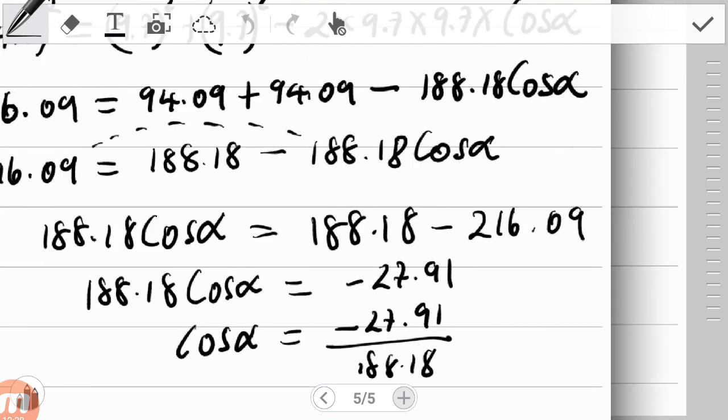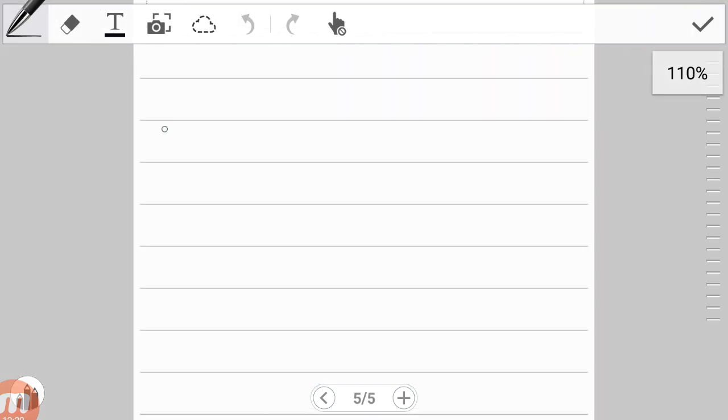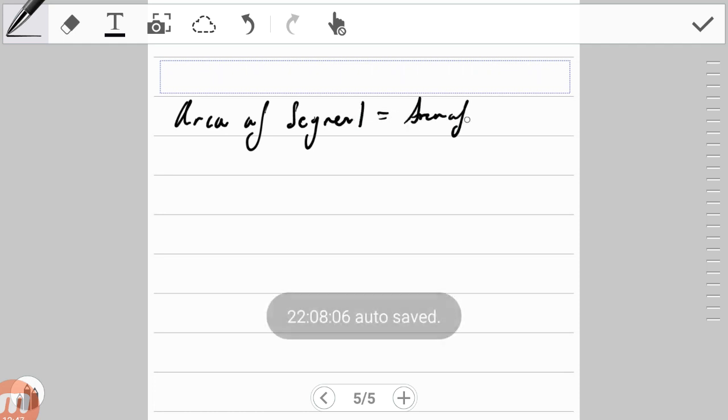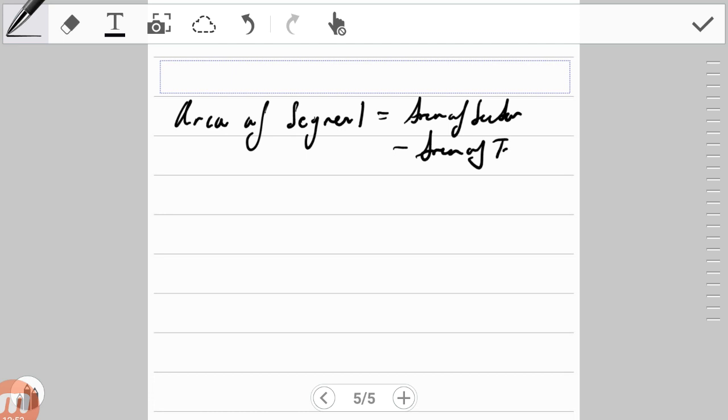So let's write down our formula here. We're going to have area of segment is going to be equal to the area of sector minus the area of the triangle. Okay, so we need to call upon the sector formula.